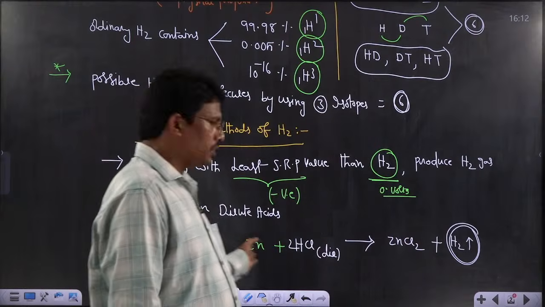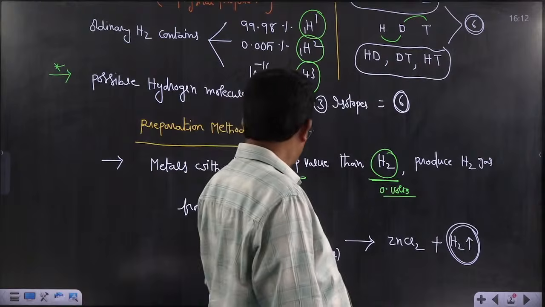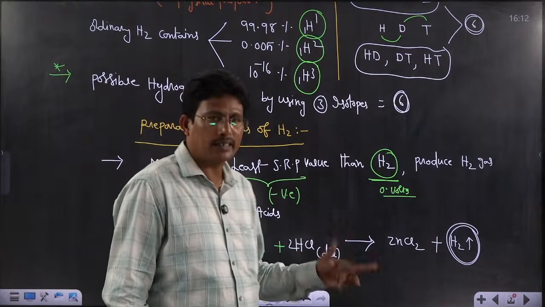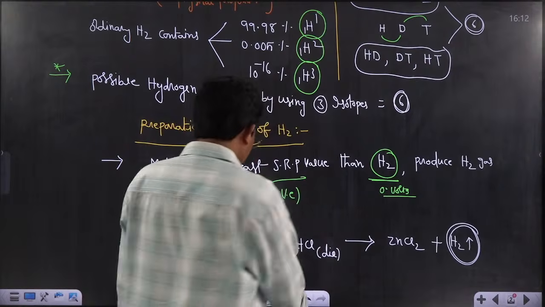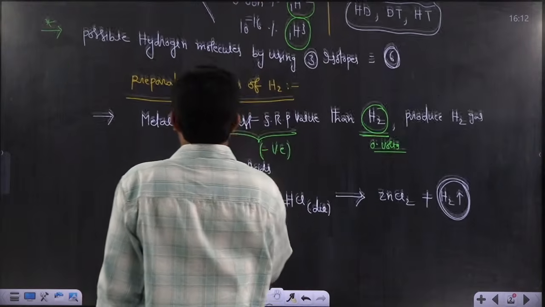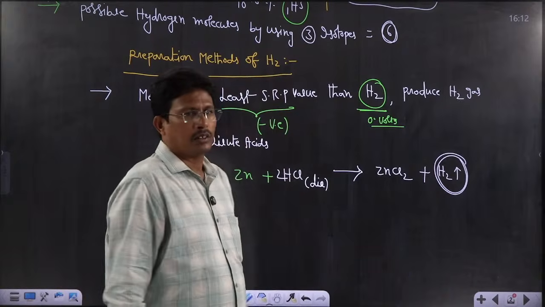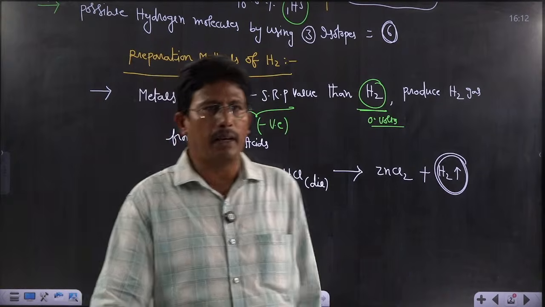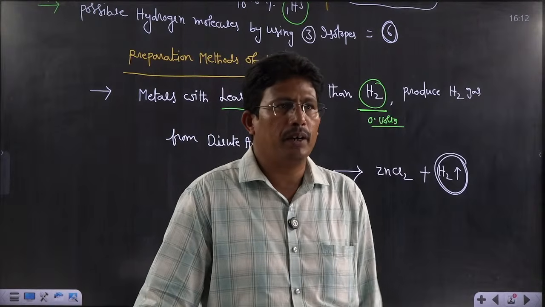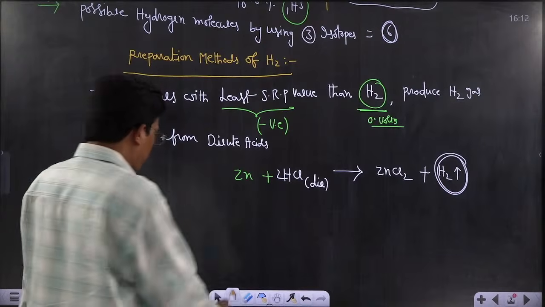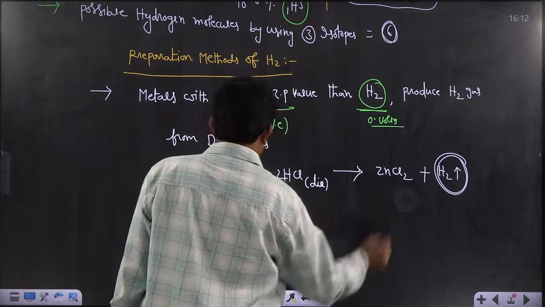Active metals like lithium, sodium, potassium, calcium all react with dilute acids and produce H2 gas. It is one method. Another one is amphoteric metals like zinc, beryllium, aluminium, tin. They combine with bases and also produce hydrogen gas.